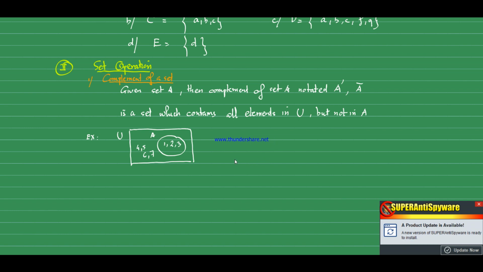So you see the complement of set A contains anything except for the elements inside A. So it will be 4, 5, 6, and 7. You can write it like that. Very easy, right? Just whatever the elements that are not in there will be the complement of that.